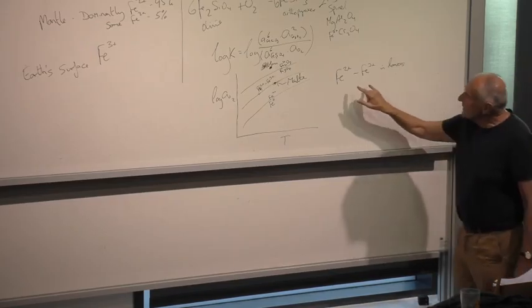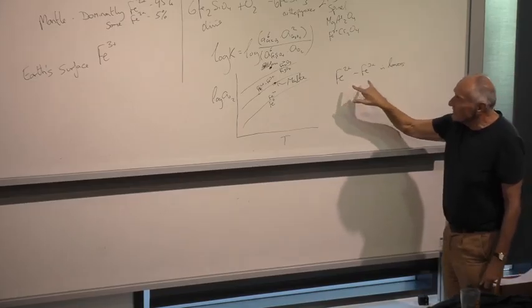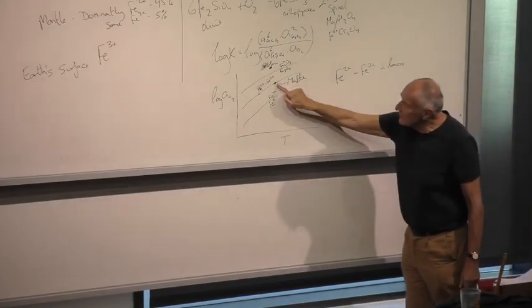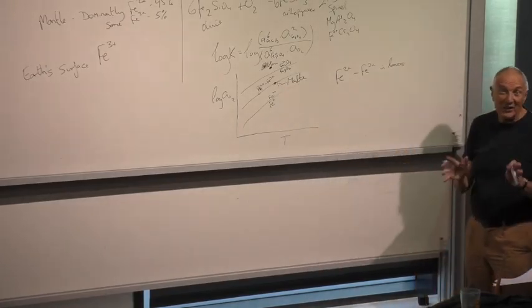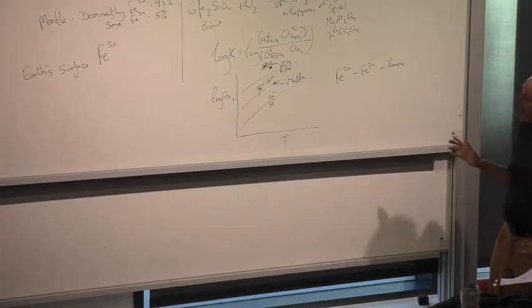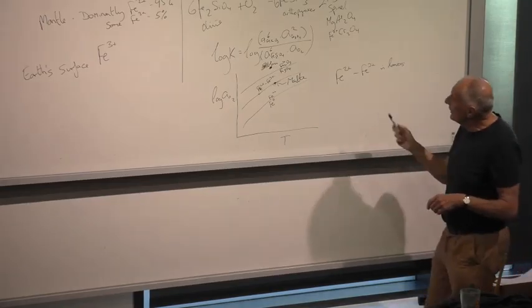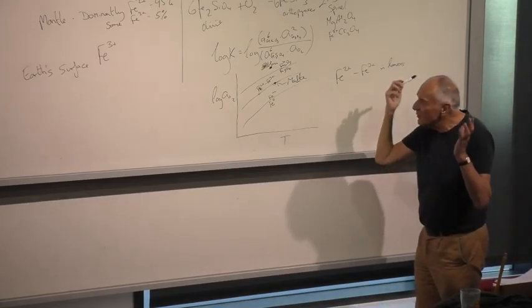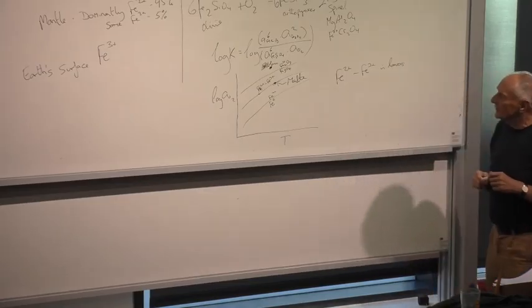And these give, in general, let's say for basalts, values very close to the mantle values, which is kind of nice because basalts come out of the mantle, right? So we get values that are within a few tenths of a log unit the same.